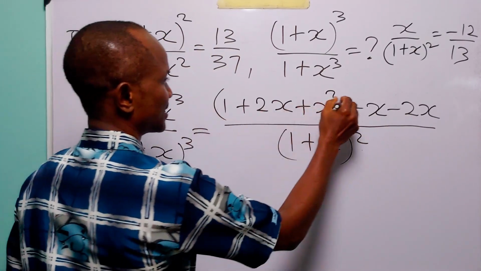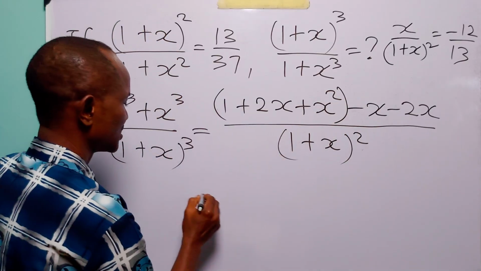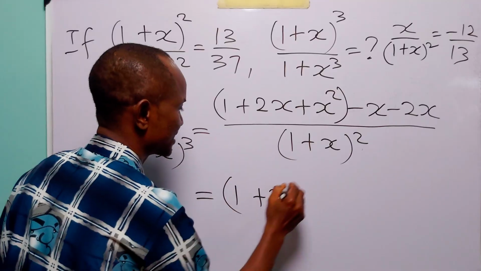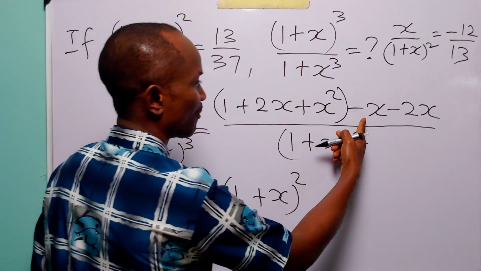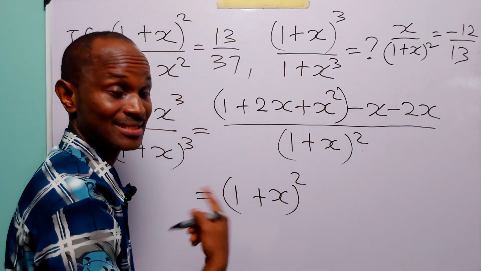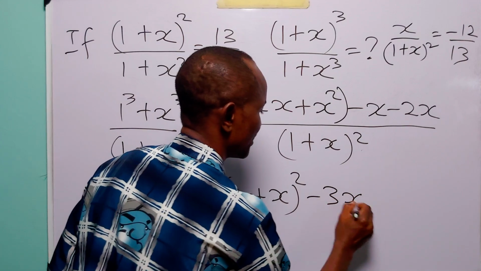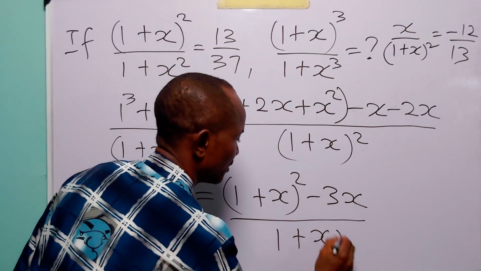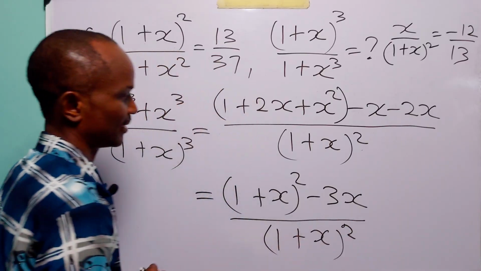Once more, you can see this. So this is equal to (1 + x)². Now, −x − 2x is equal to −3x, all divided by (1 + x)².